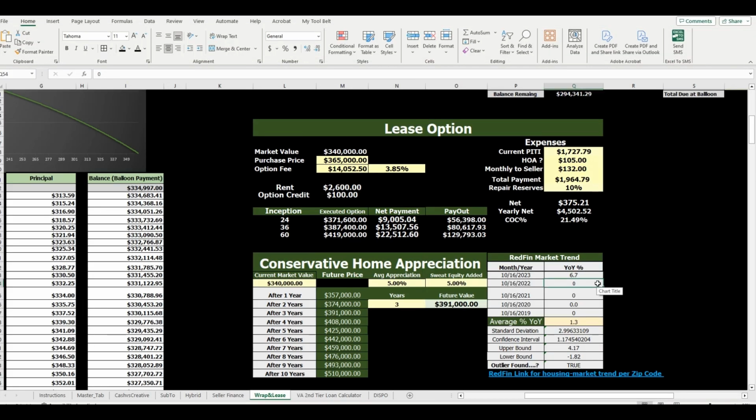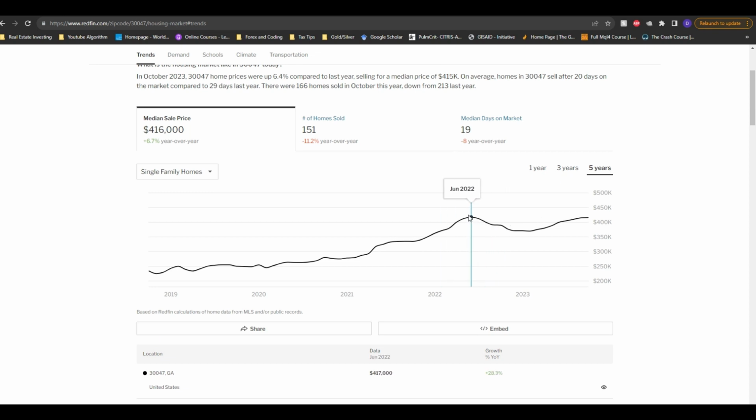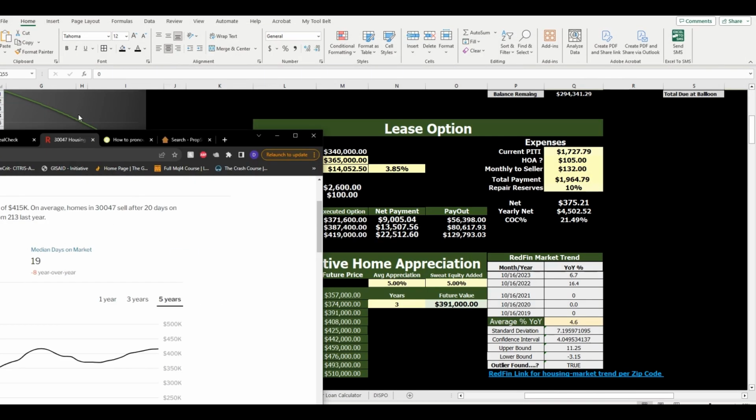Now, mind you, these values are contingent on many anomalies, but it is a good point of reference just to get an idea of how good the growth is in this area. And just based off of the graph alone, we can see that we've got a pretty good market trend. Year-over-year growth for October 2021 is 19.6.